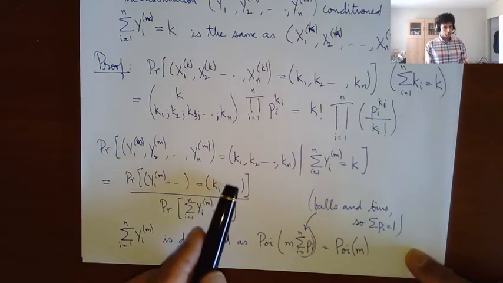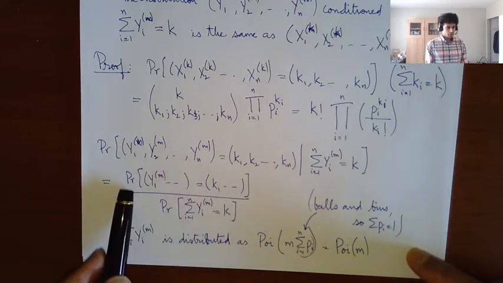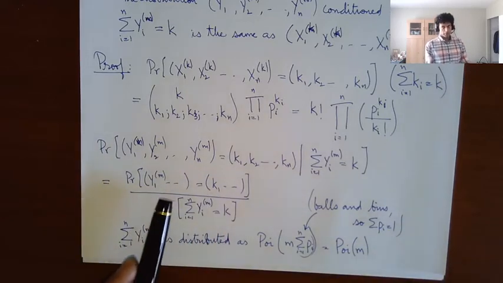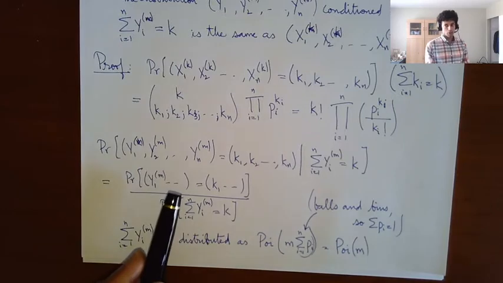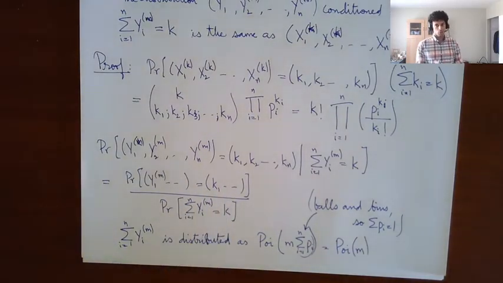The numerator is also easy now, because this is the probability of a vector of independent Poissons taking some vector of values, and we can break it up as a product.